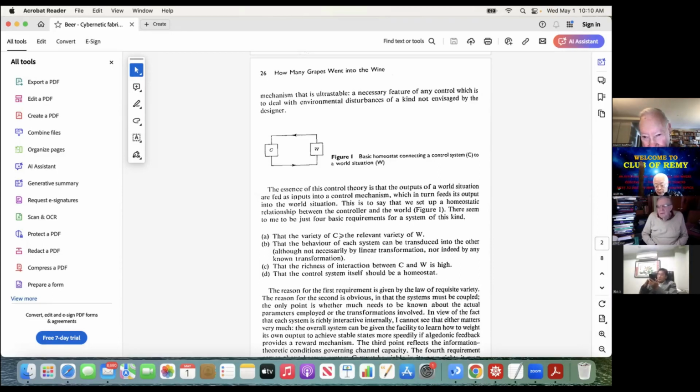So this interpretation that you give of the same diagram is given a completely different interpretation.